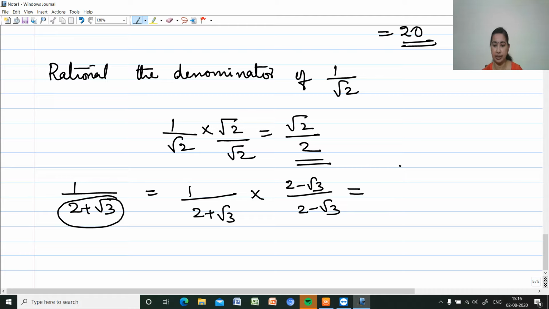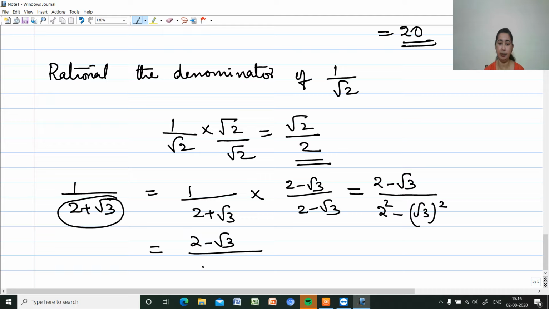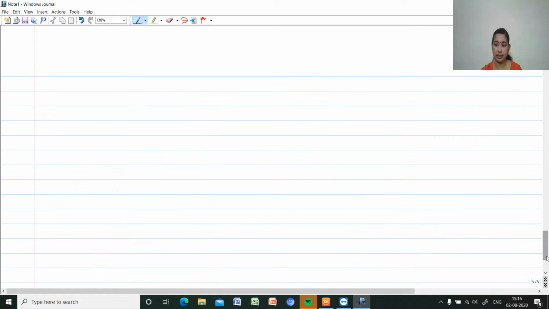We will get it as (2 − √3) divided by (2 + √3)(2 − √3), which is 2² − (√3)². And that becomes (2 − √3) divided by 4 − 3, that is equal to (2 − √3) by 1. So it is 2 − √3 itself. So that is a way of rationalizing the denominator.